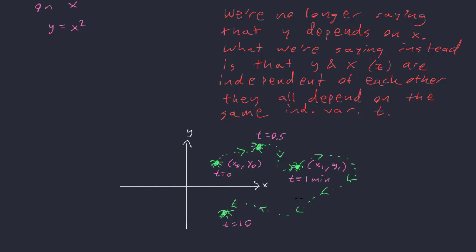So the big difference between vector-valued functions, also known as parametric equations, is this idea of motion.